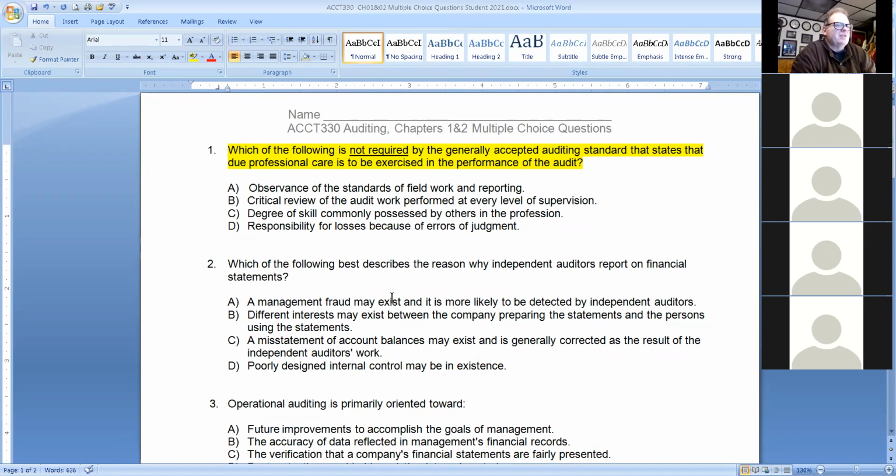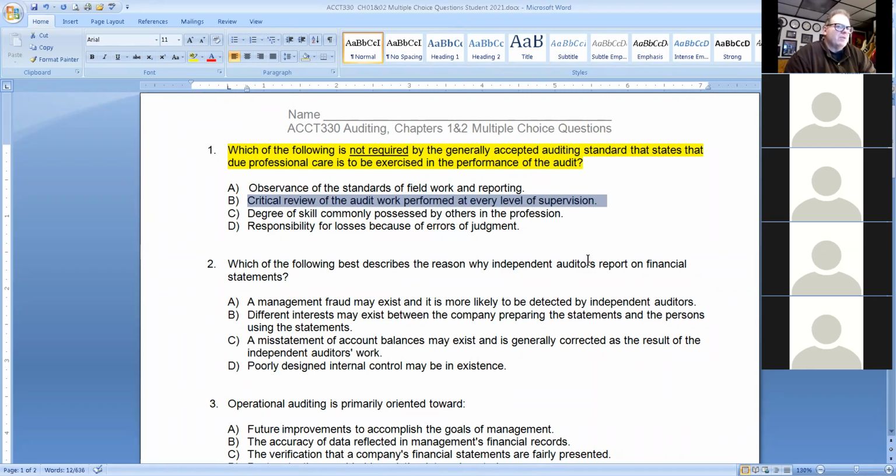In other words, the general standards for auditing. Which one of these are you probably not responsible for? D. B. Okay, where's the first one? Yeah. Second one, critical review of audit performed at every level of supervision. You actually are going to do that.